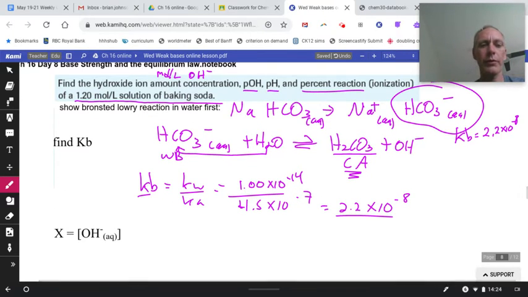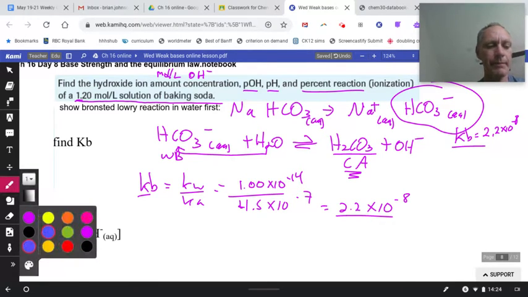Holy smokes. Okay, all we know about this thing is we now have its Kb, and we know that it's 1.20 moles per liter. So I could set up an ice table. I'm going to switch colors here because this is going to get messy.